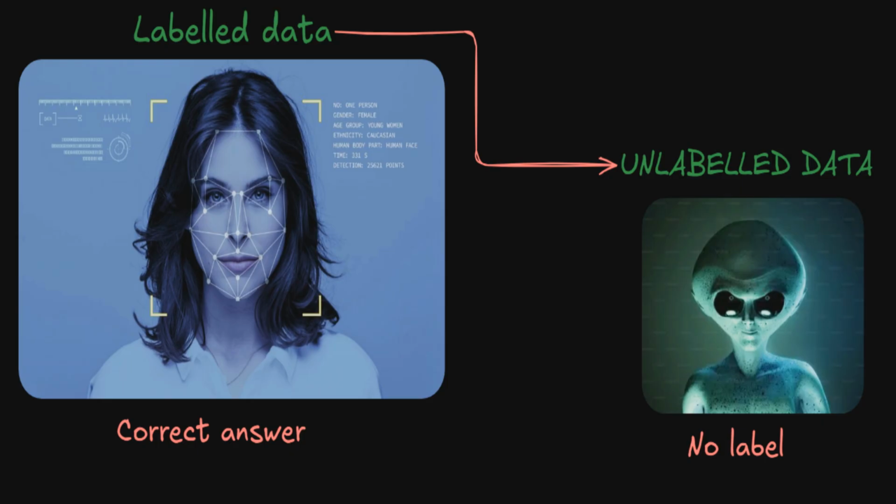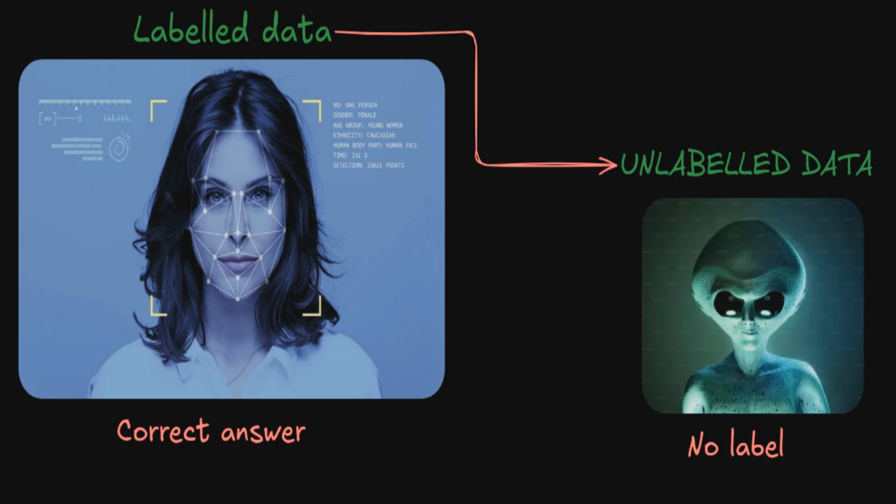Unlabeled data is raw data without any label. Imagine you have hundreds of cat and dog pictures, but most of them aren't labeled. In real life, labeled data is really expensive and time consuming to get, while unlabeled data is really abundant everywhere. So semi-supervised learning helps you make the most of both, right?